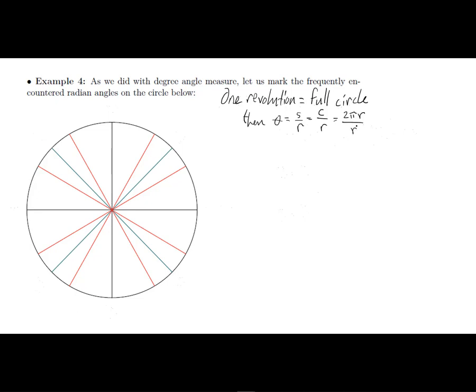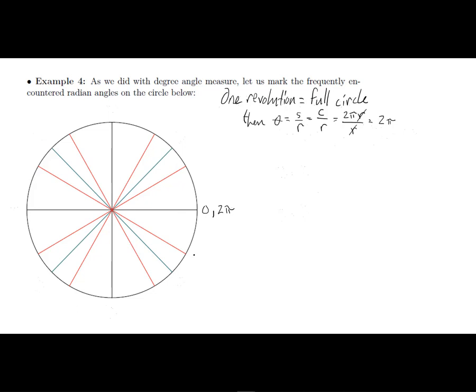And so notice what happens here is that the radii cancel, and you're left with just 2 pi. So with one revolution, theta in radians gives you 2 pi. So, again, let's start in standard position. So this will be 0. But I know if I go one revolution around this circle, that'll be 2 pi radians.